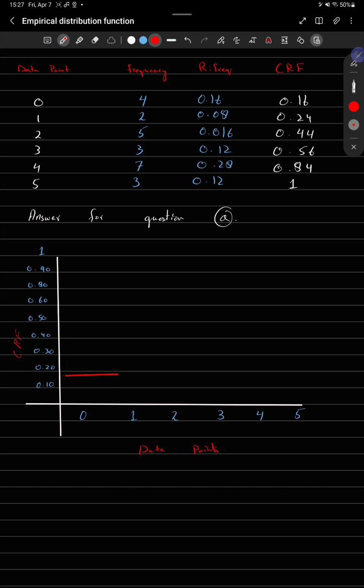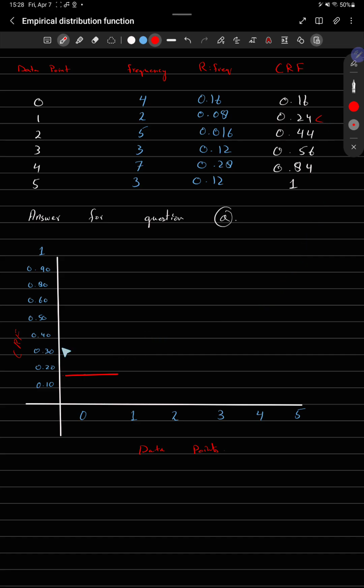Now just remember, in our empirical distribution function graph, we have a common formula. After the first line you have to go one place above till the second point.